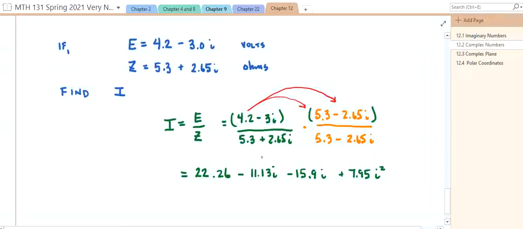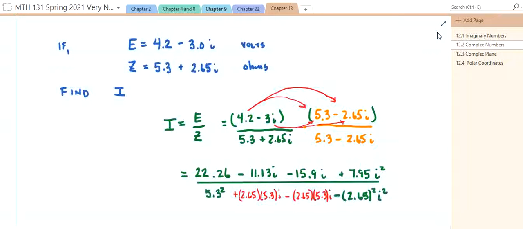After this one, we get minus 11.13i, and then we do 3i times 5.3, which is minus 15.9i, and then minus 3i times minus 2.65i gives us plus 7.95i squared.